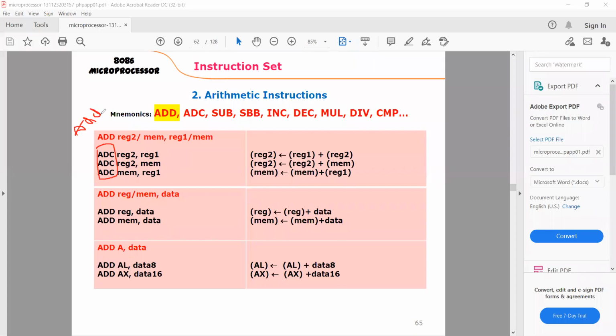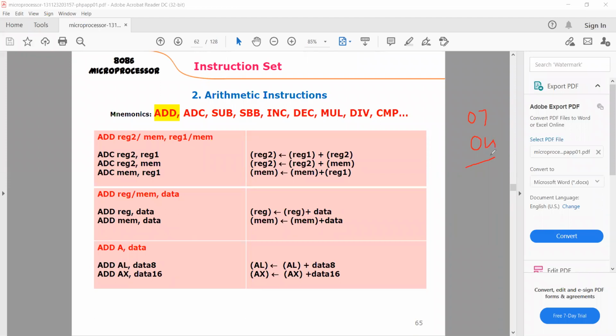Suppose you are adding two data, let us say 07 and 04. 07 can be written in binary form, and 04 can be written in binary form.